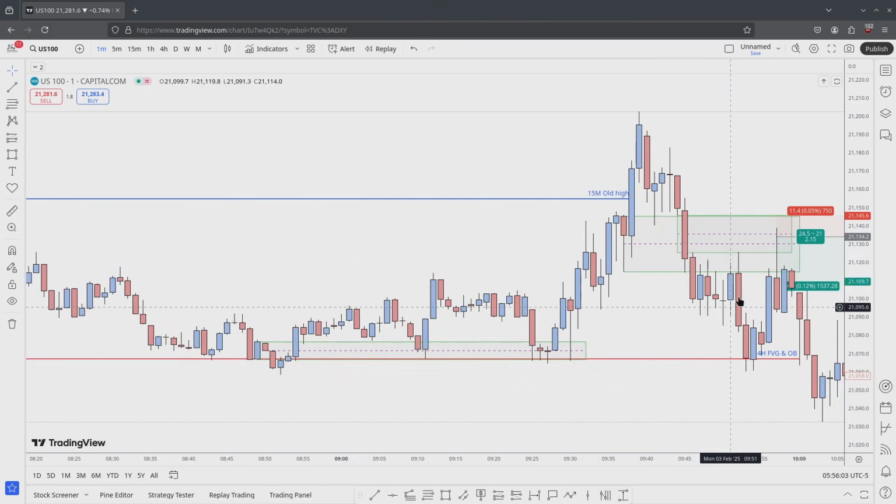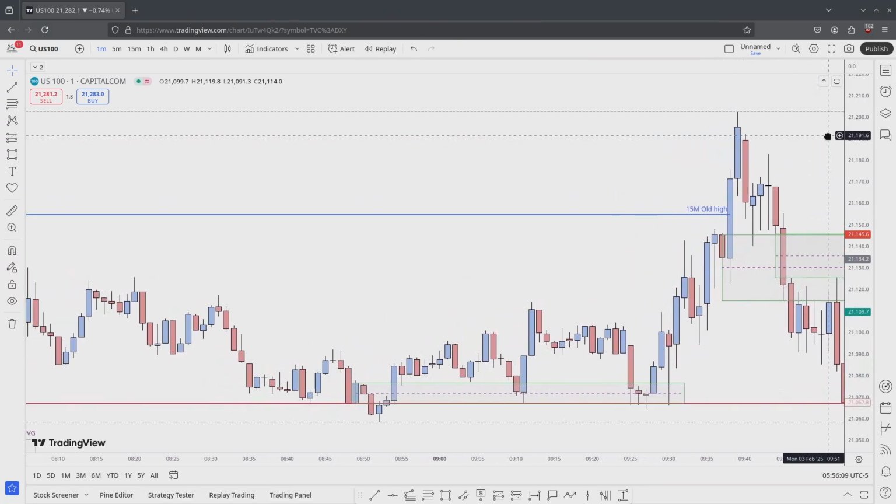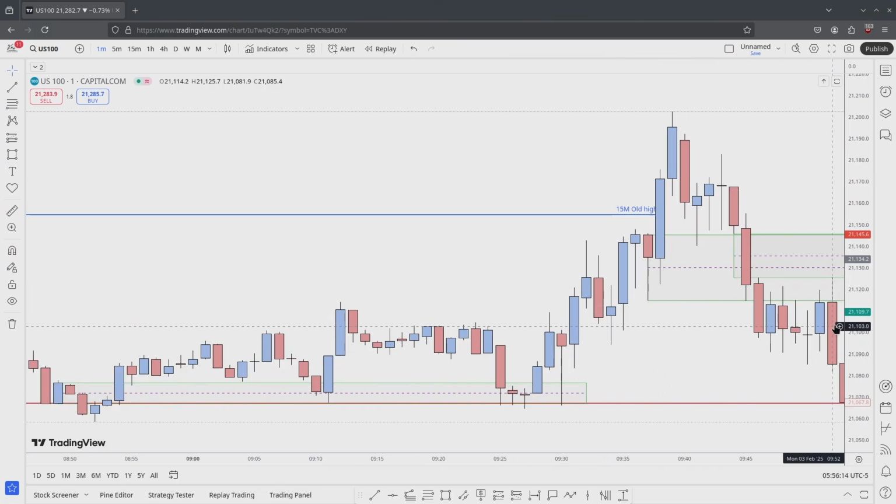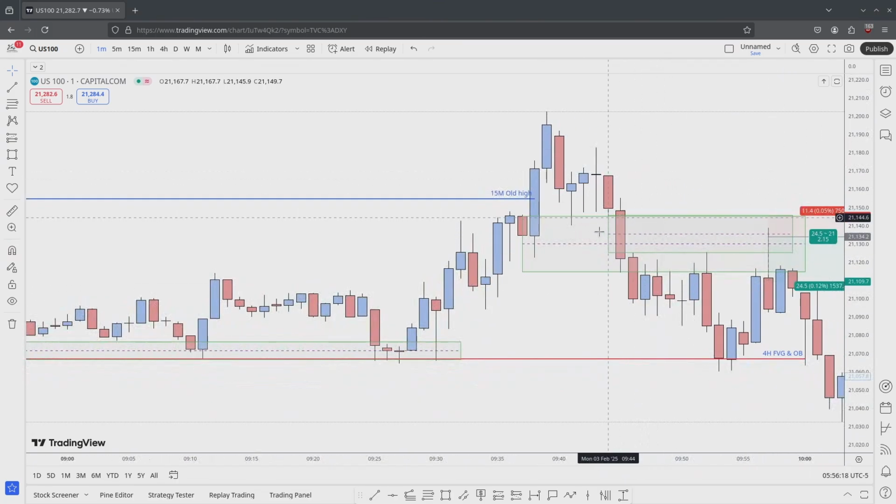So I watched price, waited for the macro, 9:50 macro, 9:50 stepped in. At first, we were trading over here. We took out these highs and we tapped this fair value gap.